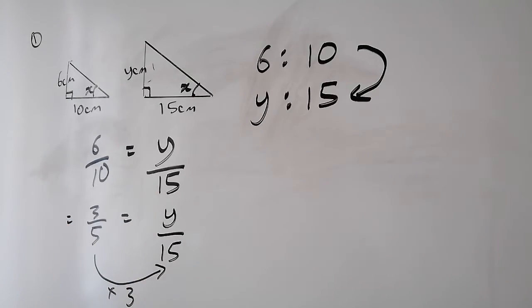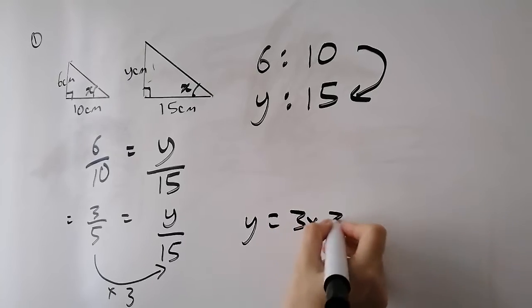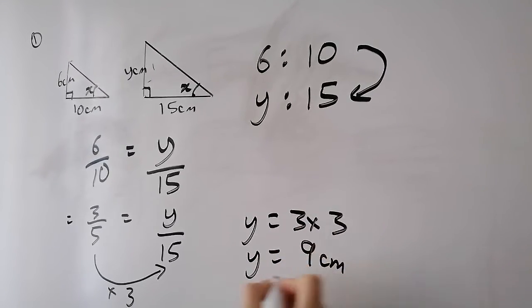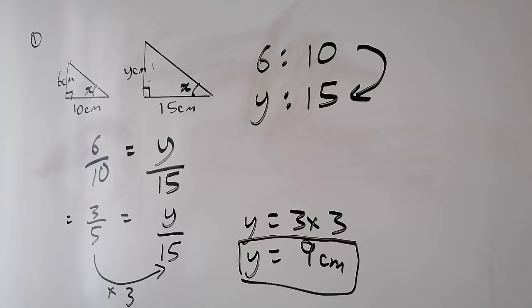If we've multiplied the denominator by 3 to keep it as an equivalent fraction, we have to do the same to the numerator. So therefore, y is equal to 3 times 3. So y is equal to 9 centimetres. So that's the fractional way of doing this, using fractions and equivalent fractions.